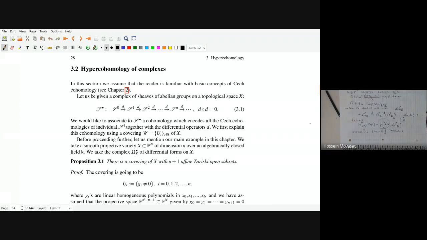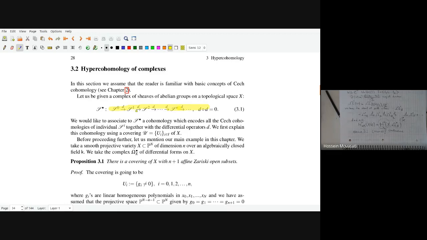First of all, the concept of hypercohomology is attached to any complex of abelian sheaves on a variety, or on a topological space. So it is again a purely topological concept, and we will use it in our main example that I already explained.